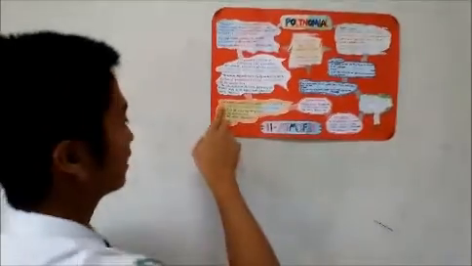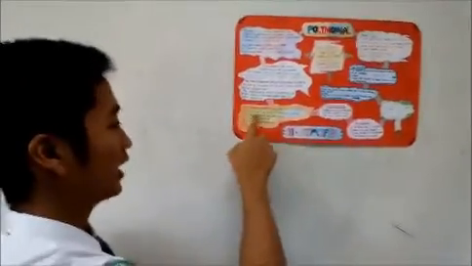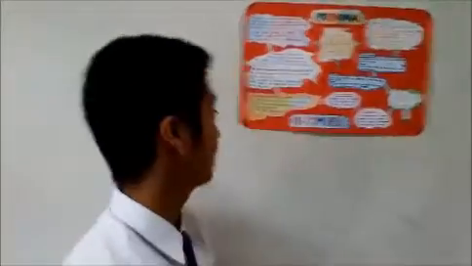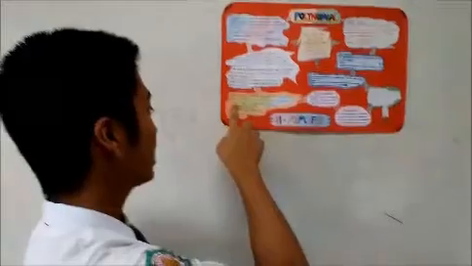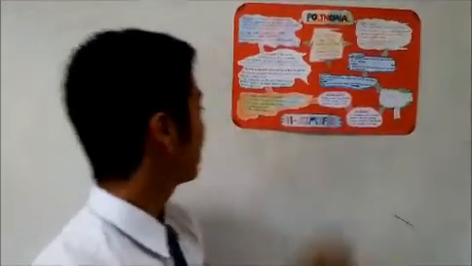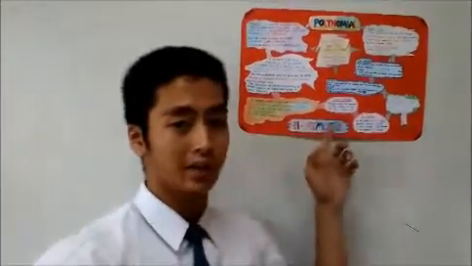So 9x power 6, negative 5x power 4, 3x cubed, negative 8x, and 2 are the terms of the polynomial. 9, negative 5, 3, negative 8, and 2 are the coefficients, and 2 is the constant term, and 9 is the leading coefficient.